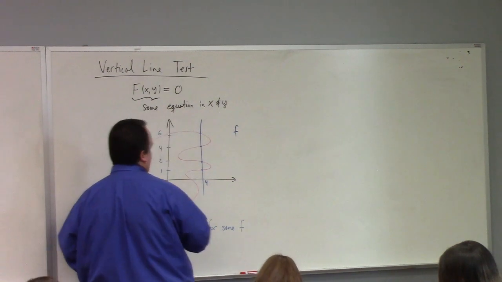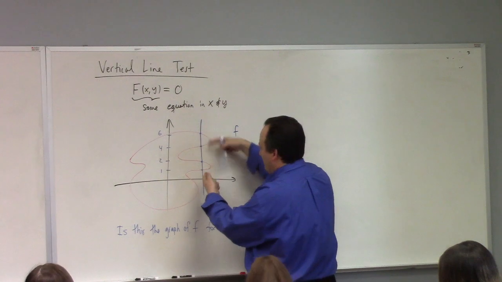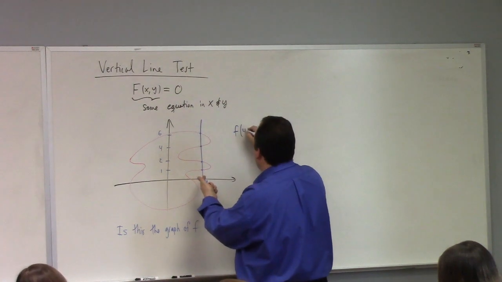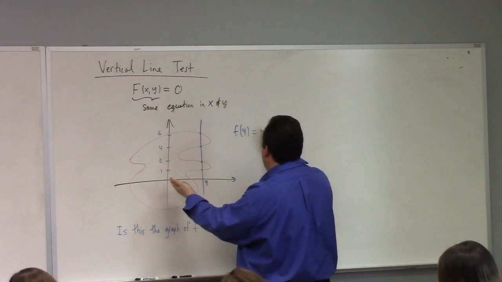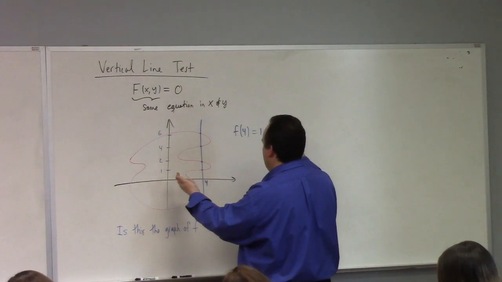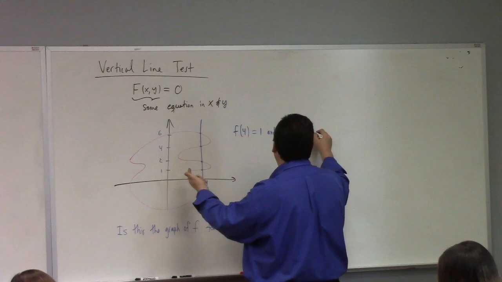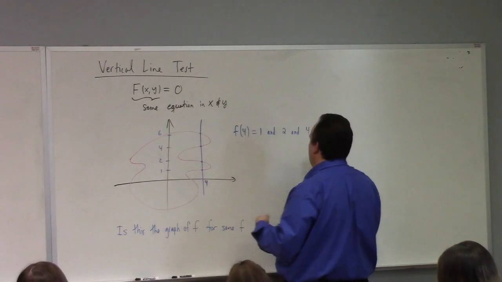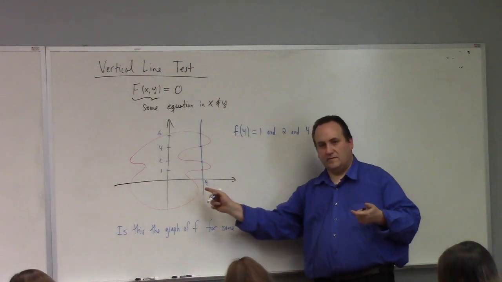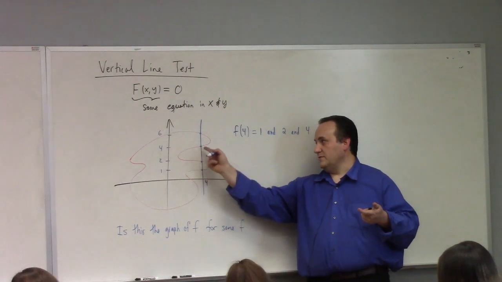So if these 4 points are on this graph, that would mean that f of 4 is equal to 1, and also equal to 2, and also equal to 4, and also equal to 6. In other words, that one input of 4 would output 4 outputs.